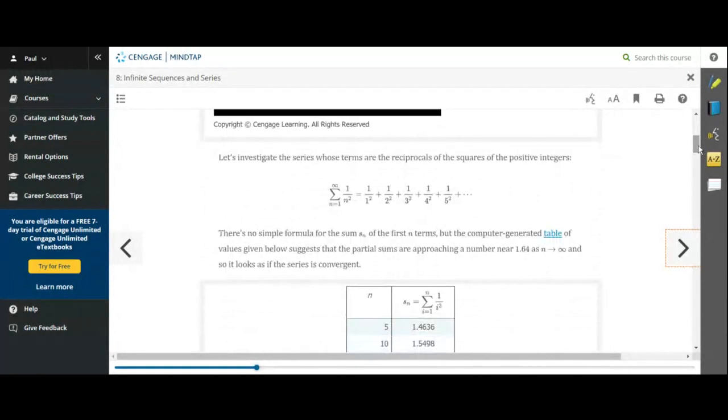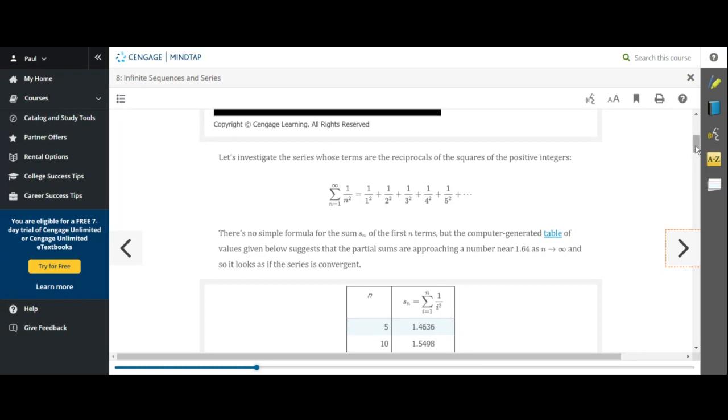You have the series n equals 1 to infinity of 1 over n squared. Now we know that's a convergent p-series with p equals 2. And if you integrate 1 over x squared dx from 1 to infinity, that improper integral is a convergent p-integral.